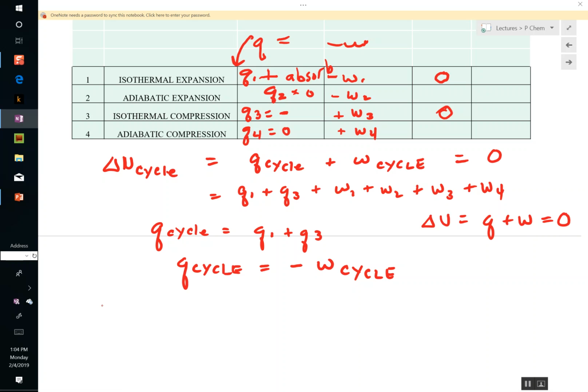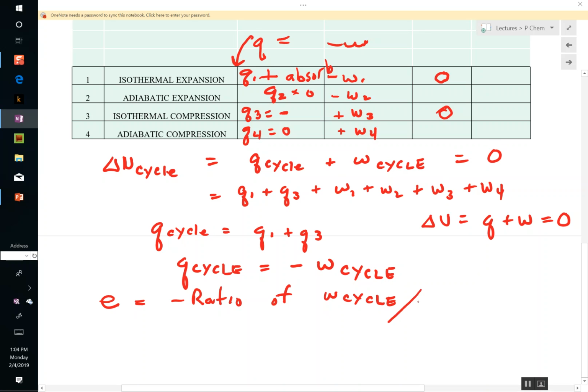All right, and so the first definition of efficiency takes it as a ratio, the negative of the ratio of the work of the cycle divided by the heat from the high temp reservoir.